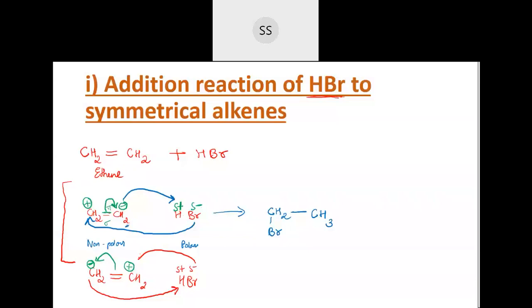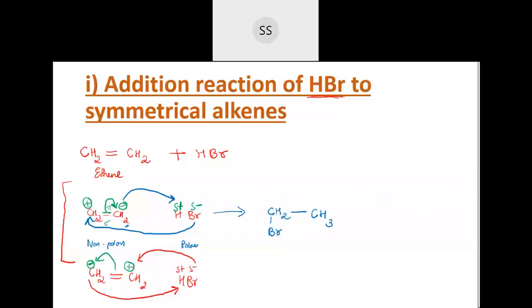You can see the way I am putting the arrow mark: I am taking the negative towards the positive, because negative is the electrons, and electrons will always move towards the positive charge. Positive will not come towards the electron. Remember that, because electrons are mobile in nature. Electrons can move. Positive charges are just deficient places. Deficiency will not move.